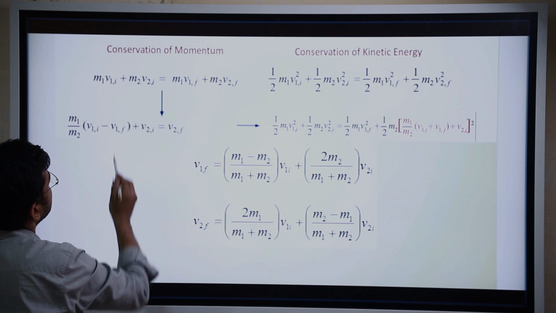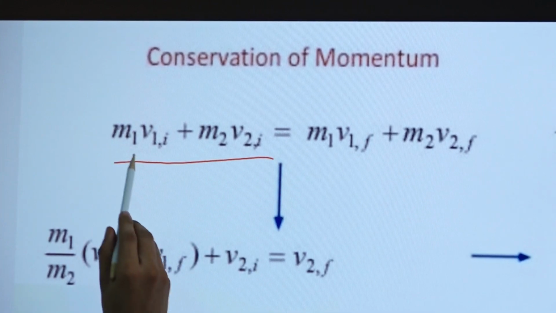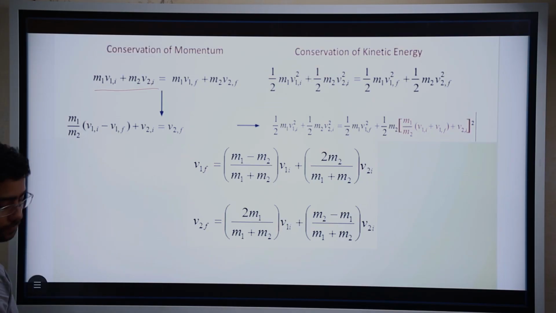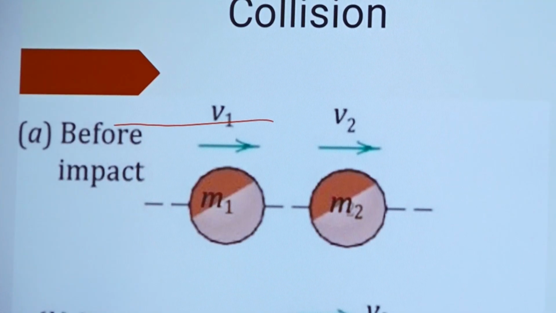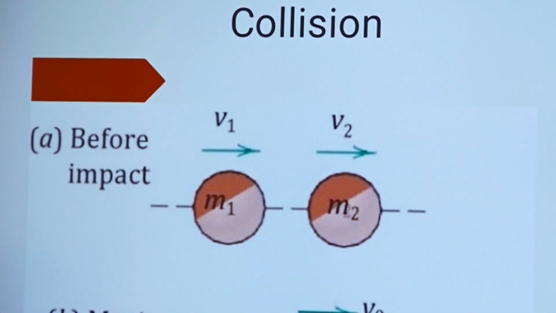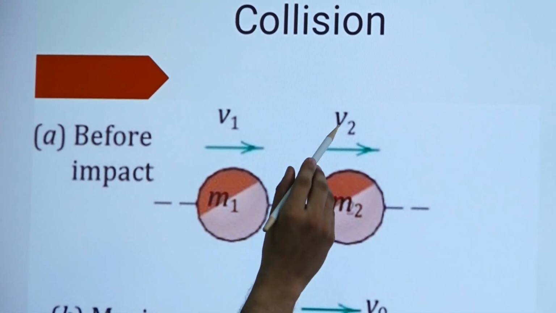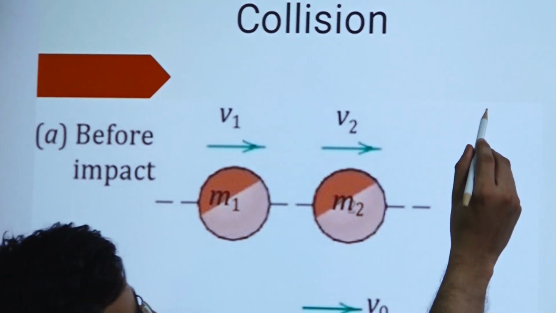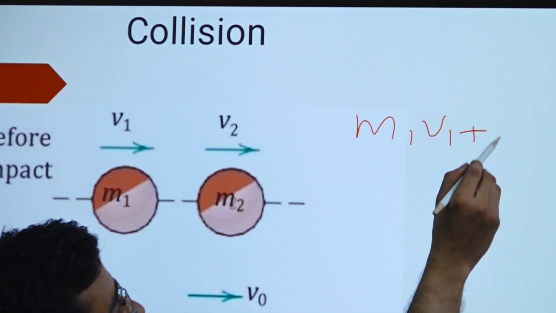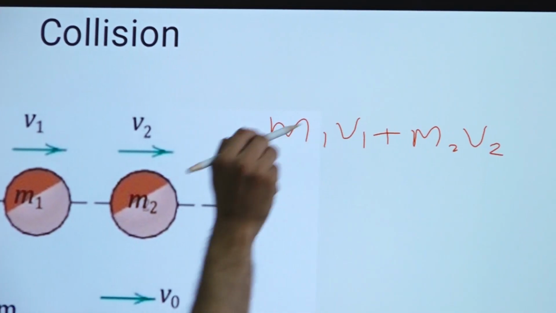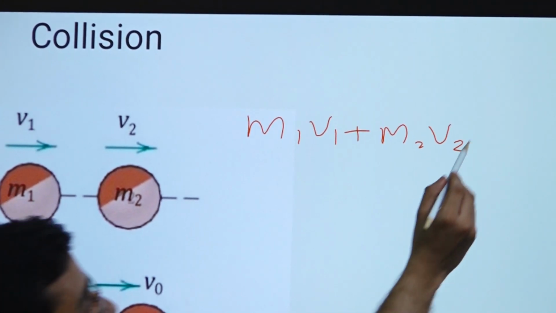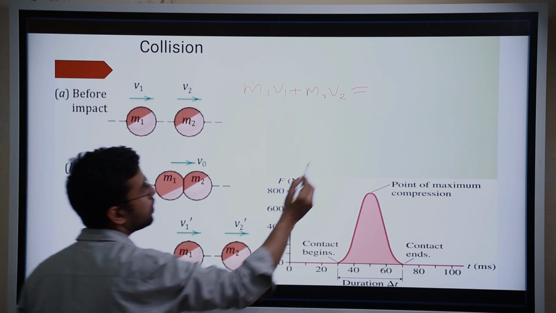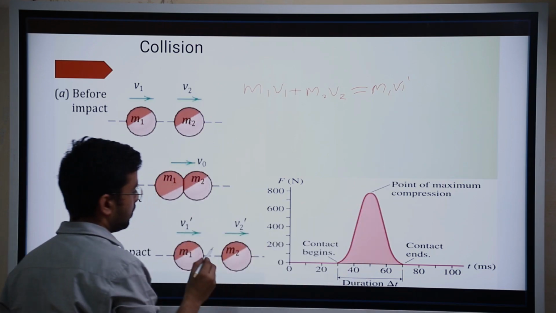So in conservation of momentum, what happens? m1 v1 plus m2 v2, both are initial velocities. So the initial momentum, m1 v1 plus m2 v2, before the collision, will be equal to the final momentum, m1 v1 dash plus m2 v2 dash.